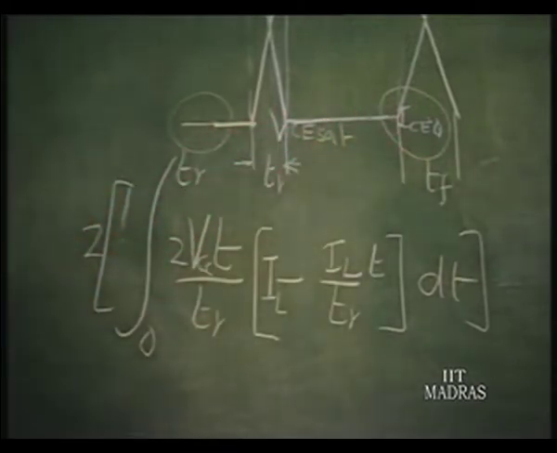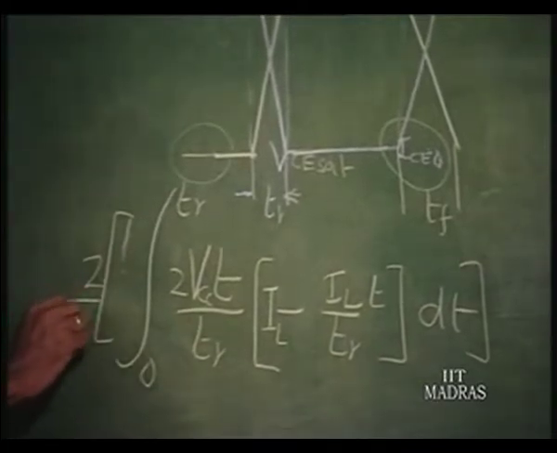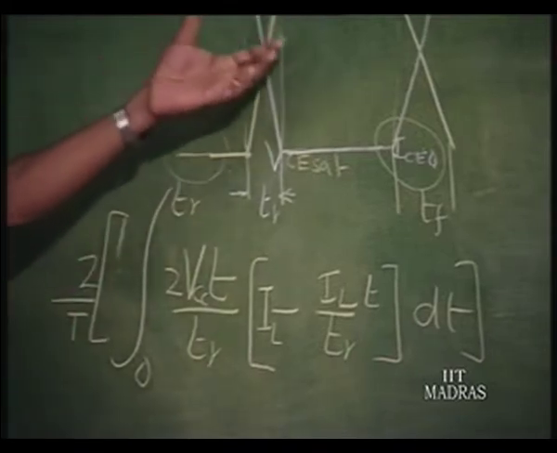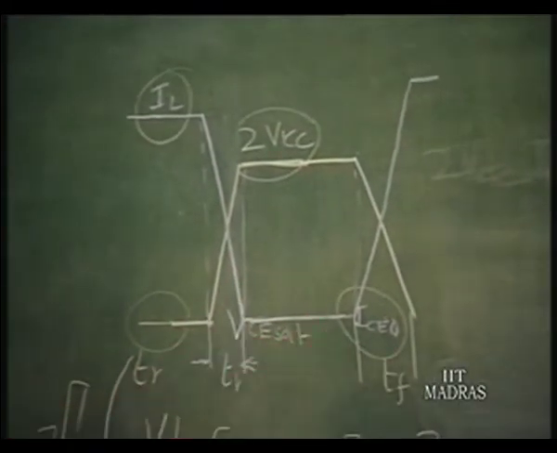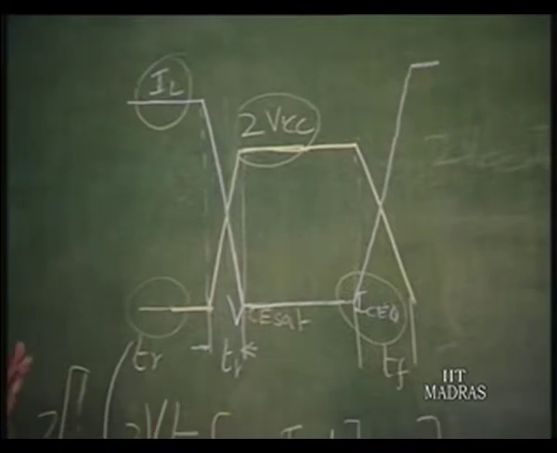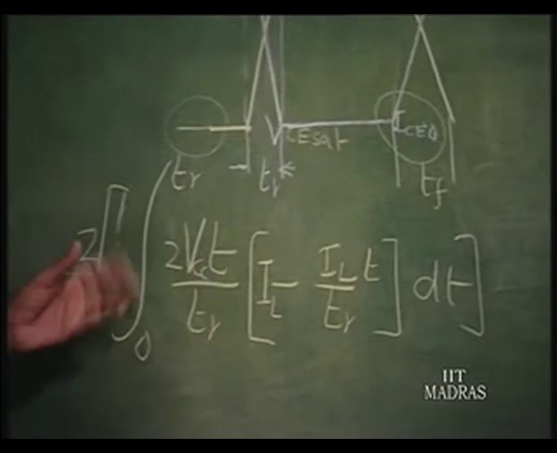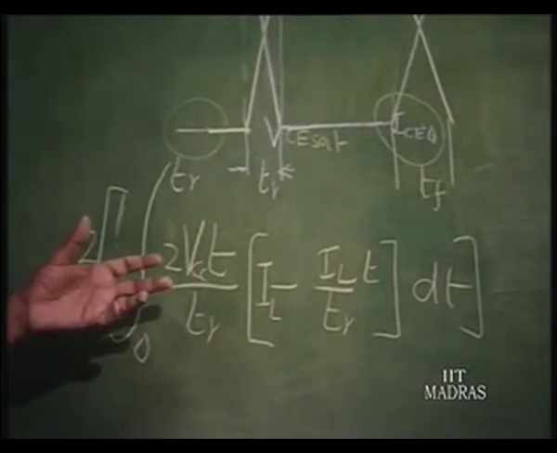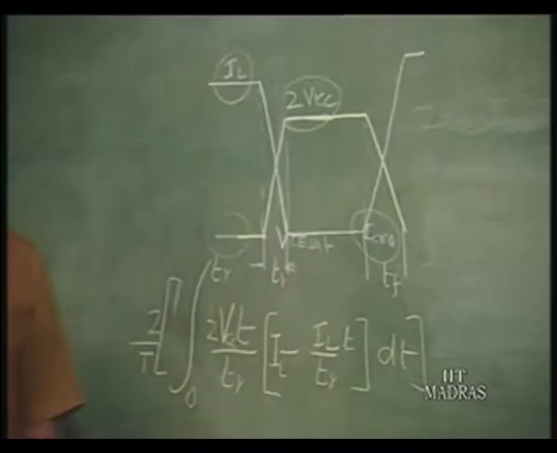That whole thing divided by T is the power dissipated in the transistor when they are in the active region during rise time and fall time. This can be evaluated; I am going to leave this as an exercise. This is an integral which you can solve.